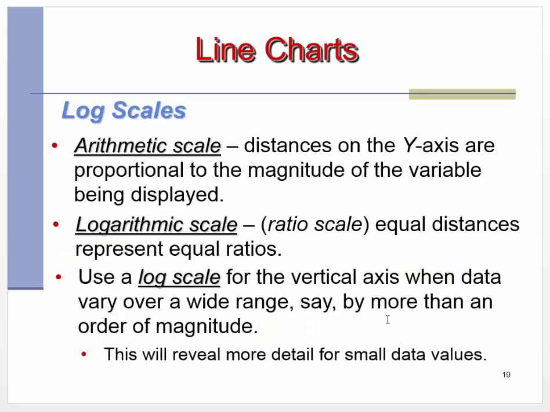In most charts we construct, we use arithmetic scales. The distance on the y-axis is proportional to the magnitude of the variable being displayed. But sometimes we may use a logarithmic scale. It's a ratio scale. Equal distances represent equal ratios. Use a log scale for the vertical axis when data vary over a wide range, say by more than an order of magnitude. Really big changes, and that is when a log scale is preferred.